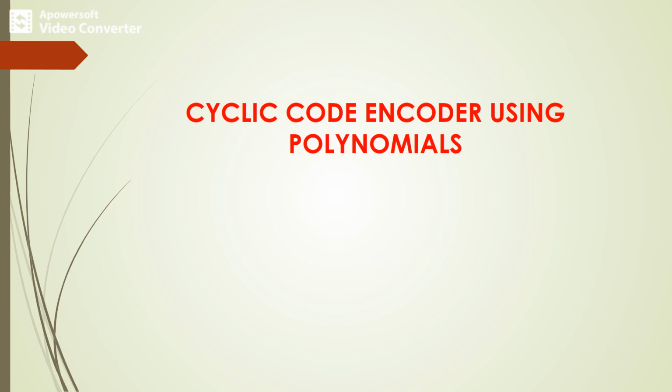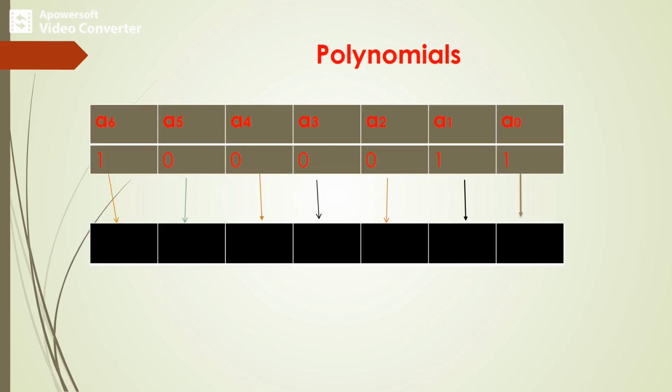So we'll take one example and see how we can represent the given binary digits using a polynomial. Now we'll take one binary pattern, 1 0 0 0 0 1 1. We need to represent this binary pattern using a polynomial.